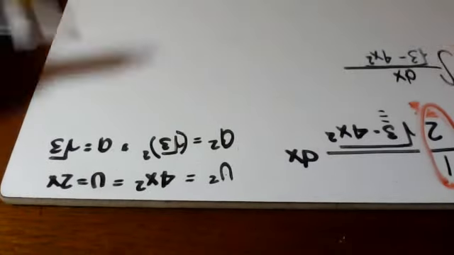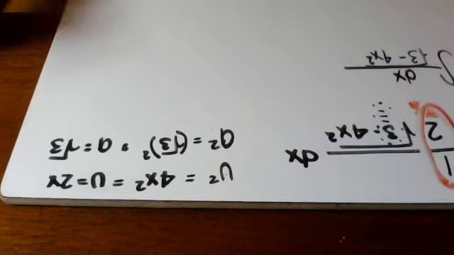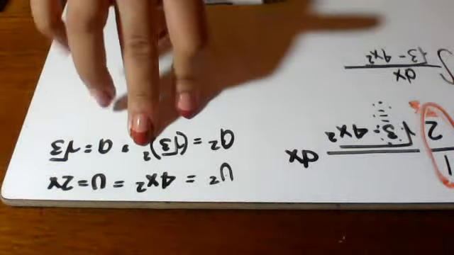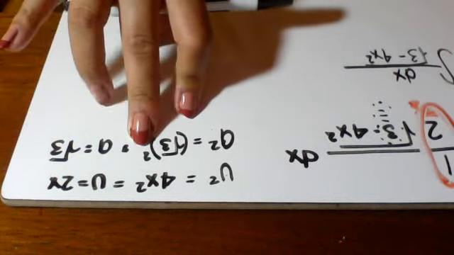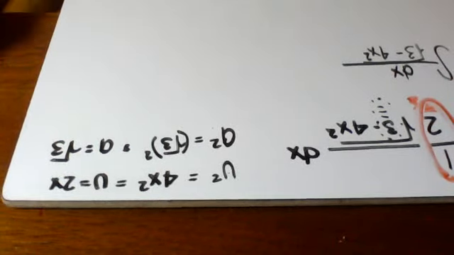So that's the best way to do this one, because it's not that bad, but it does get a little bit complicated. So I would just do it like this, put it to the second power. After you put it to the second power, I would just go down the powers.